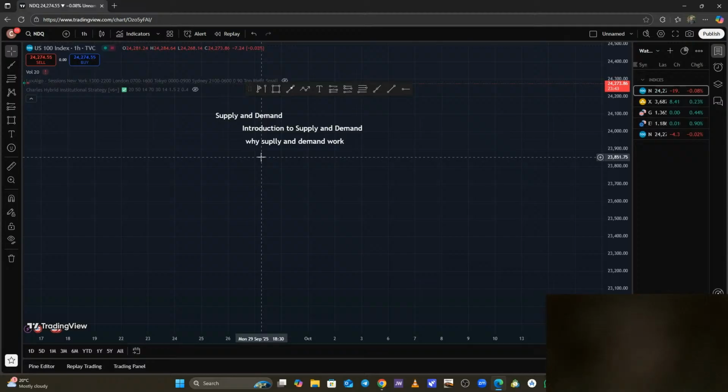So the company or the people producing the product will have to lower the prices. And if demand is high and supply is low, obviously prices will rise because the market cannot meet the desired quantity of the products that are needed by the users. So that's why supply and demand work.